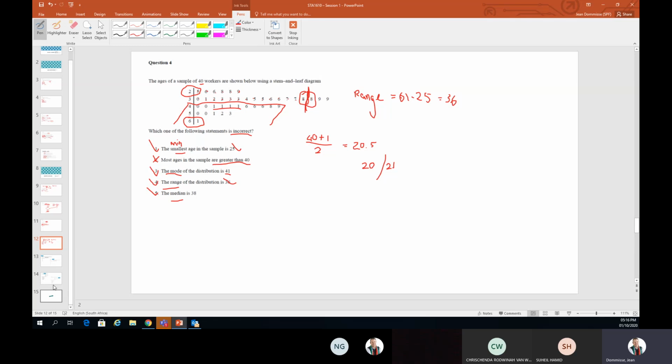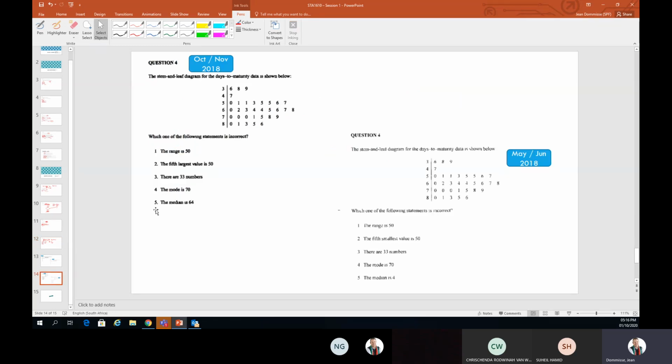We've got another one that was stem and leaf. So let me bring that in first. This was from the October paper 2018. And very interesting. You will see this was the October, November paper. This was the May, June paper of the same year.